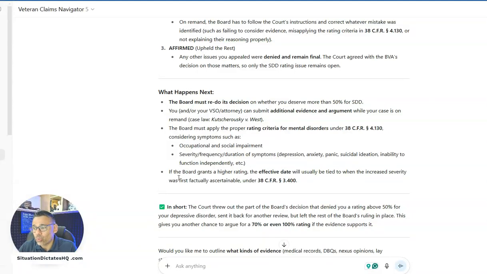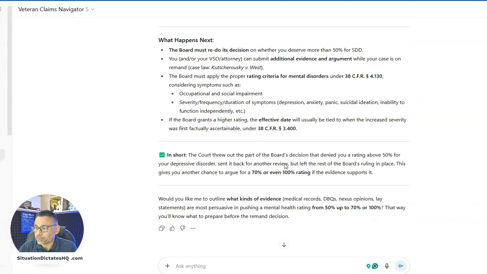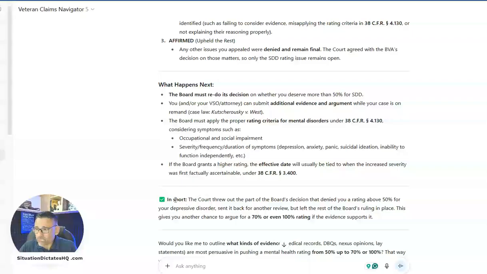But it's also that they've got to go and take a look at that effective date. So basically, in short, the court threw out the part of the board's decision that denied a rating of 50% for depressive disorder, and it sent it back for another review, but left the rest of the board's ruling in place, which we know in this case was the ankle.